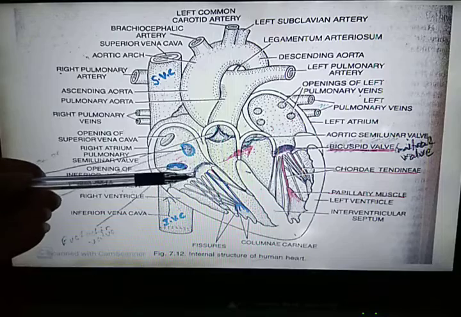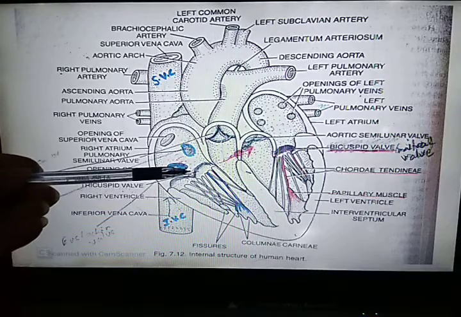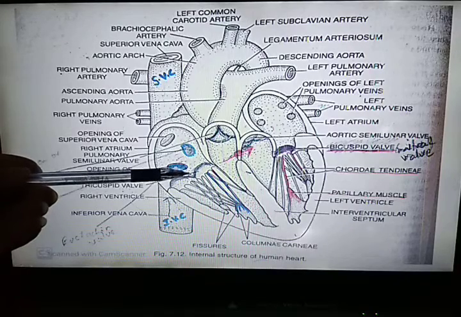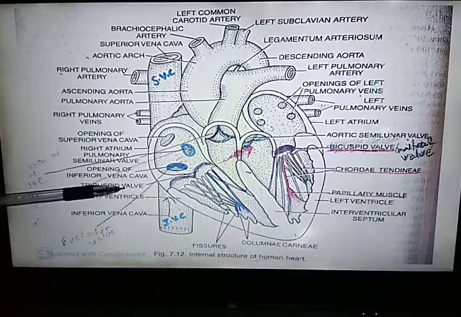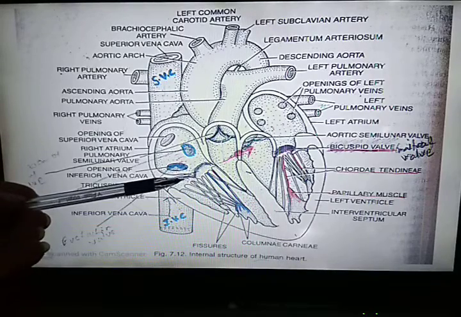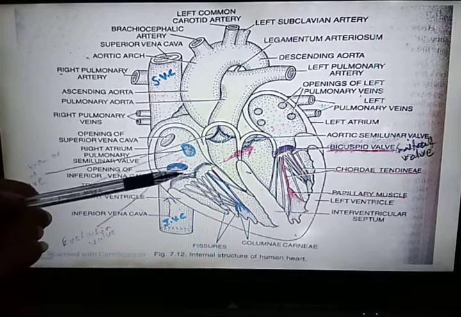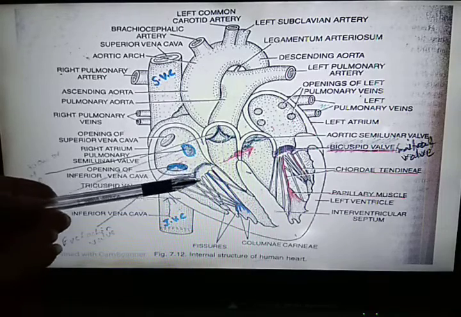And this right auriculoventricular aperture is guarded by a one-way valve called the tricuspid valve. Like doors that open at only one side, these valves also open at one side.